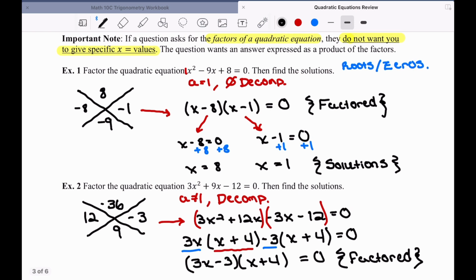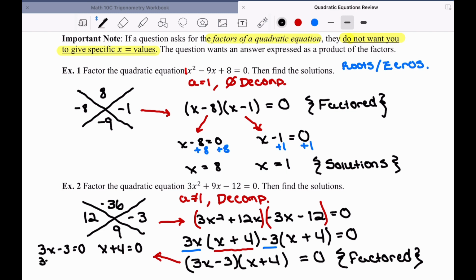Now, off to the side, let's discover what the specific solutions are. The solutions, which are also the zeros and also the roots. If we take each of these factors off to the side and set them equal to 0, just as we did in the last question, then using algebraic steps to isolate x, we can get the solutions, or the x-intercepts.